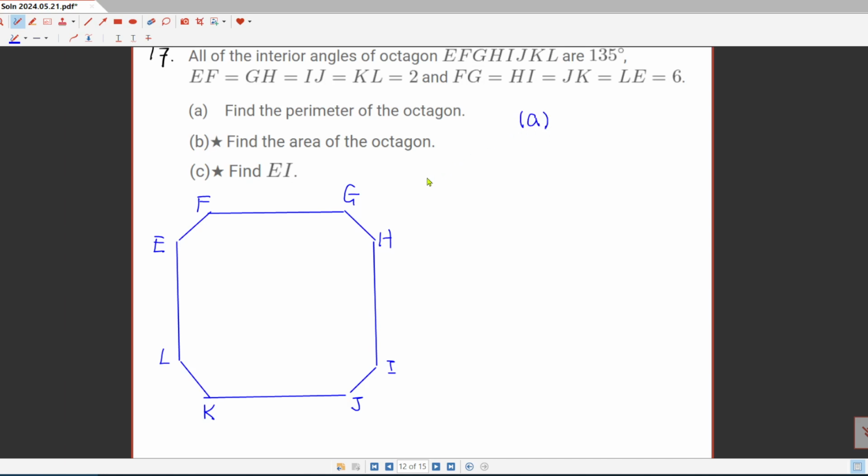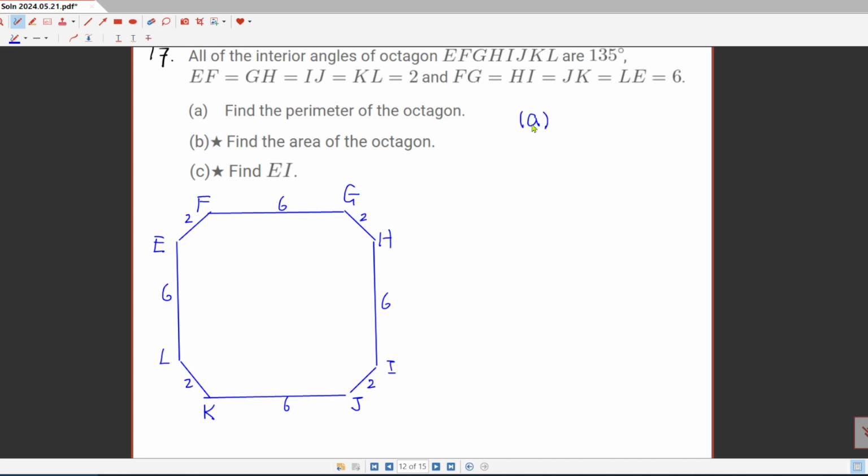Okay, first question is easy, right? Because we have EF is 2, EF equals GH equals IJ equals KL, which is 2, and for the rest of the lengths, FG is 6, this side is 6, this side is 6, and this side is 6.